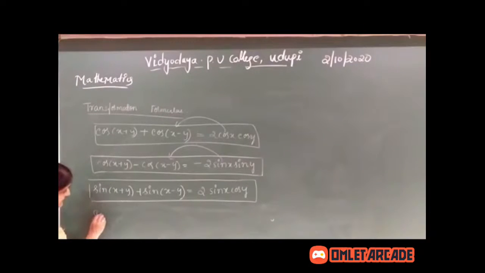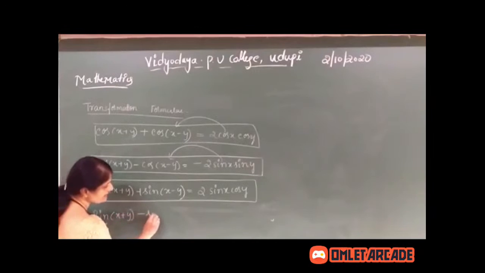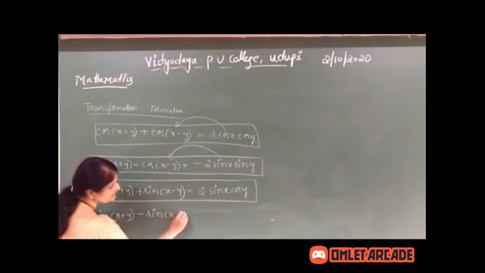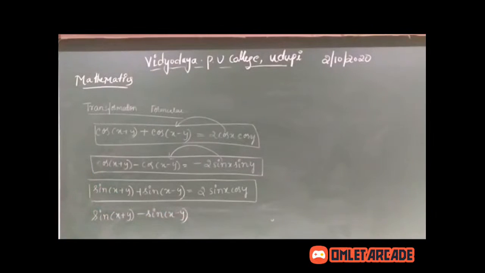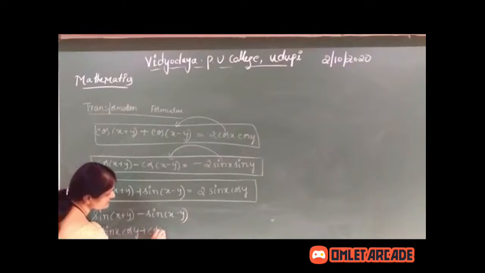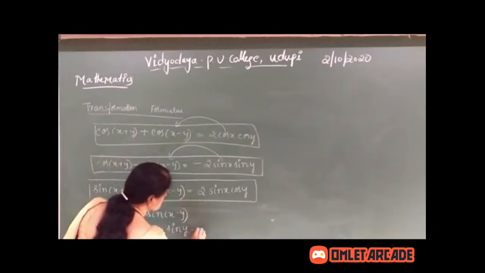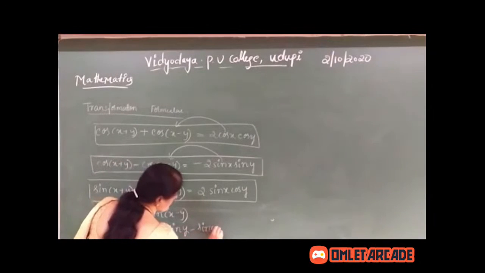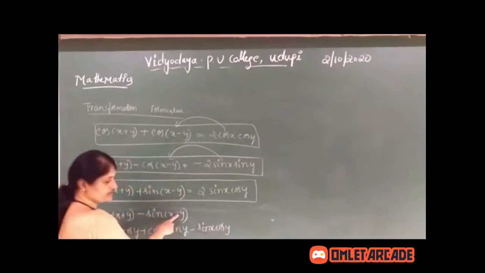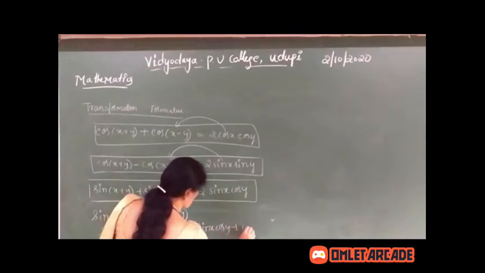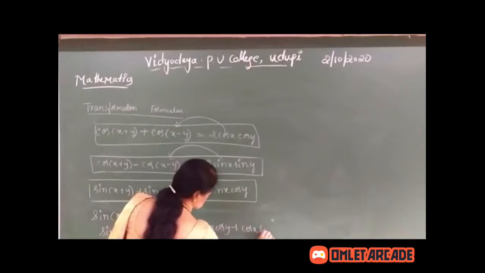Now if you subtract, sin of x plus y minus sin of x minus y, what we get is sin x cos y plus cos x sin y, minus sin x cos y, and here it is minus, so it becomes plus cos x sin y.